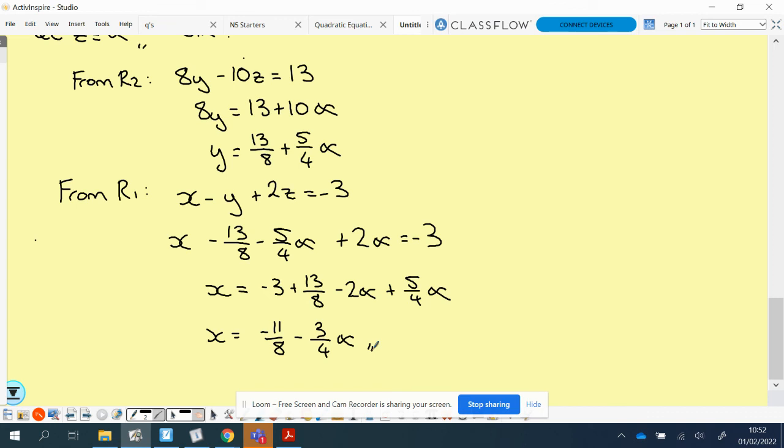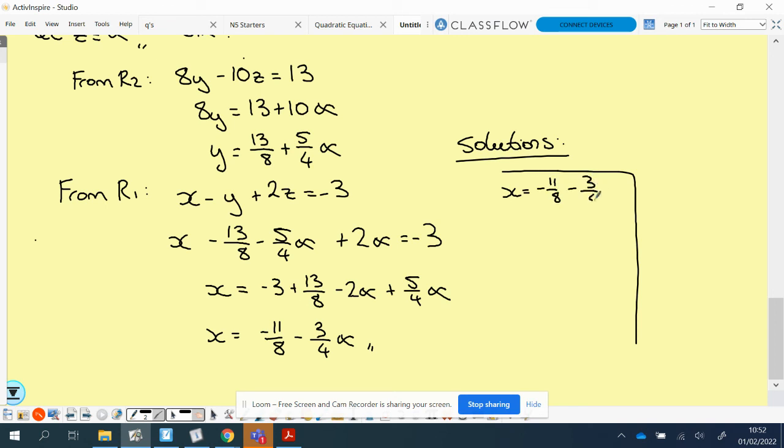Okay, so why this is known as infinitely many solutions, we've got conditions on x, y and z, but all in terms of alpha. Okay, so solutions then, well, x was -11 over 8 minus 3 over 4 alpha, y was 13 over 8 plus 5 over 4 alpha, and z is alpha.